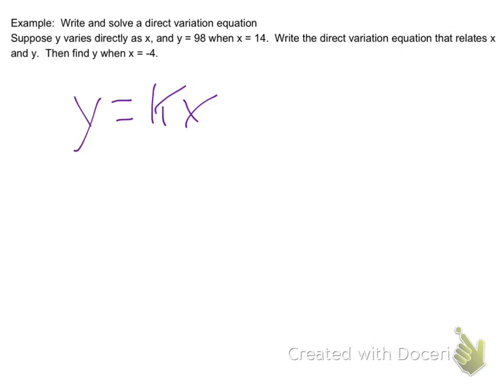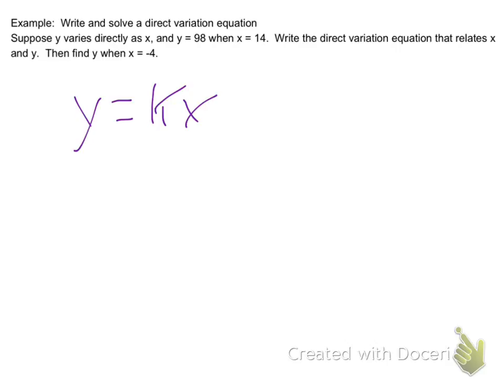And y is equal to 98 when x is 14. Wait, it tells us an x and a y? What do you think we can do then? What's the only thing it didn't give us? The slope, or k. Okay. If I know x and I know y, can I find k? Yes. So it says write the direct variation equation that relates x and y. Then, once you know that equation, can you find y if x is -4?